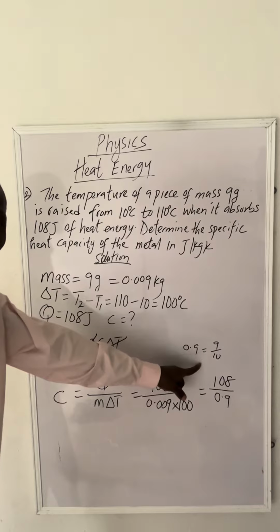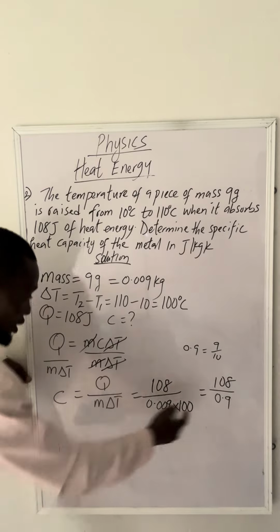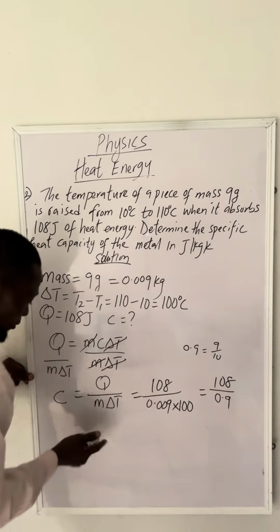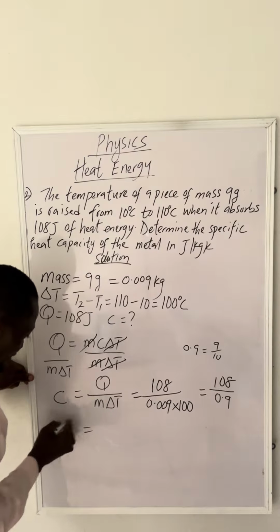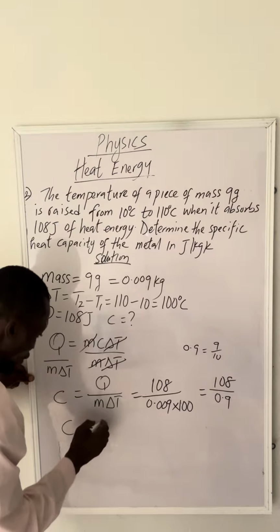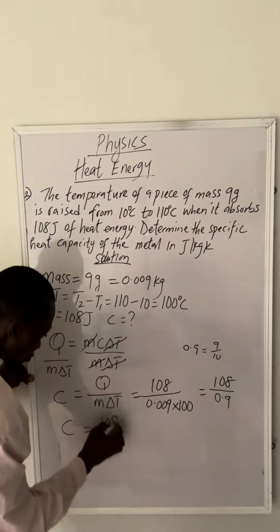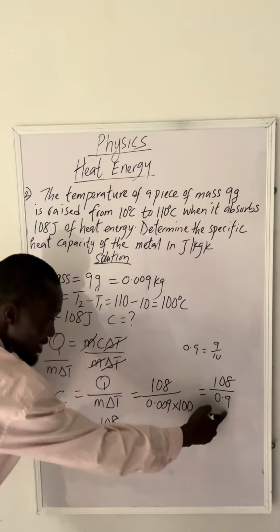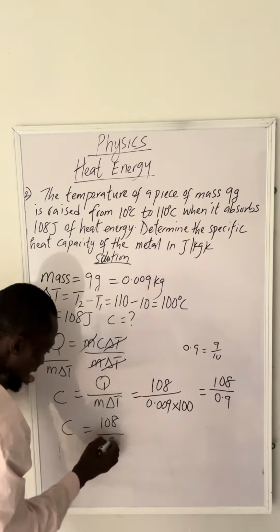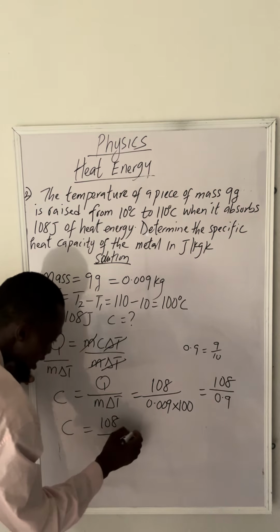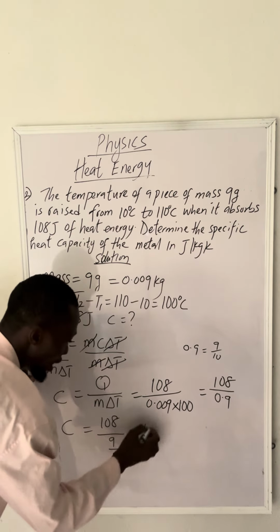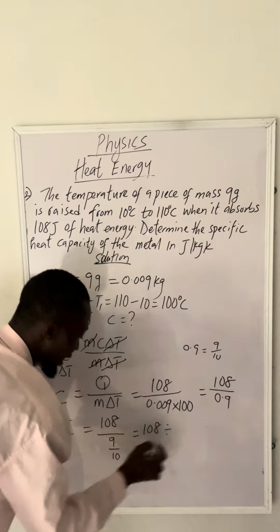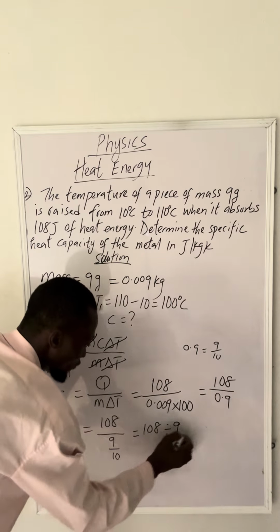So I'm going to rewrite this: my C is going to be equals to 108 divided by 9 over 10.